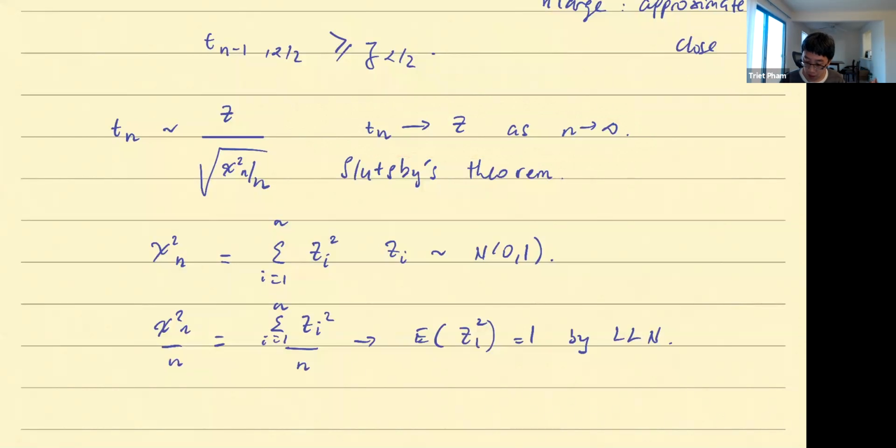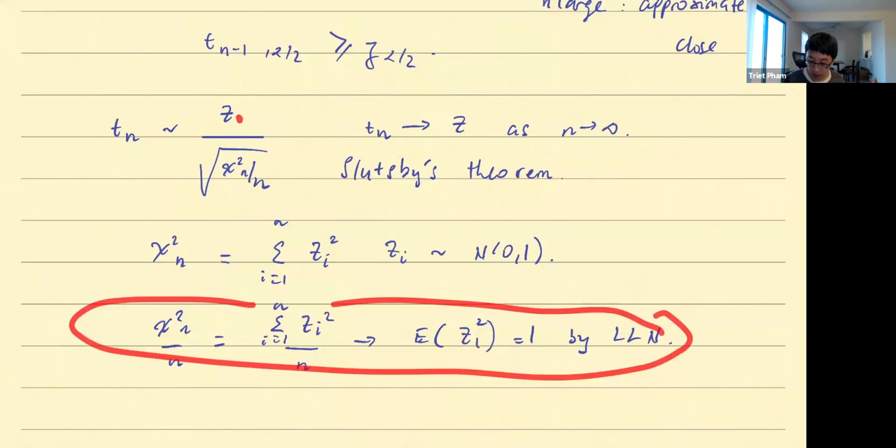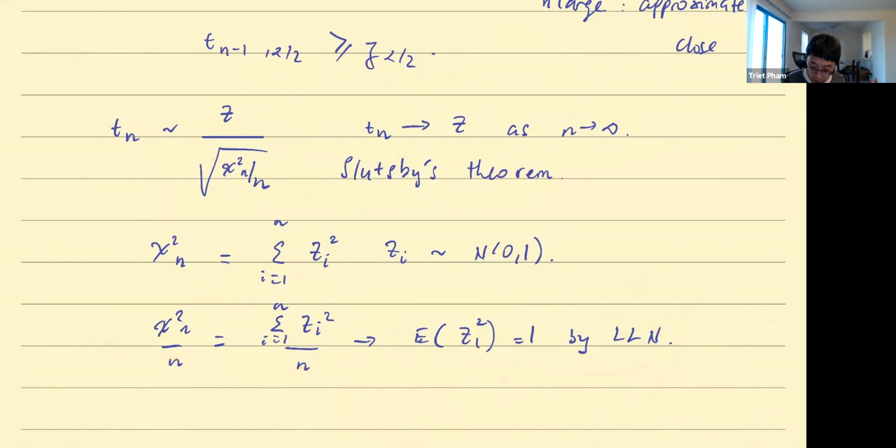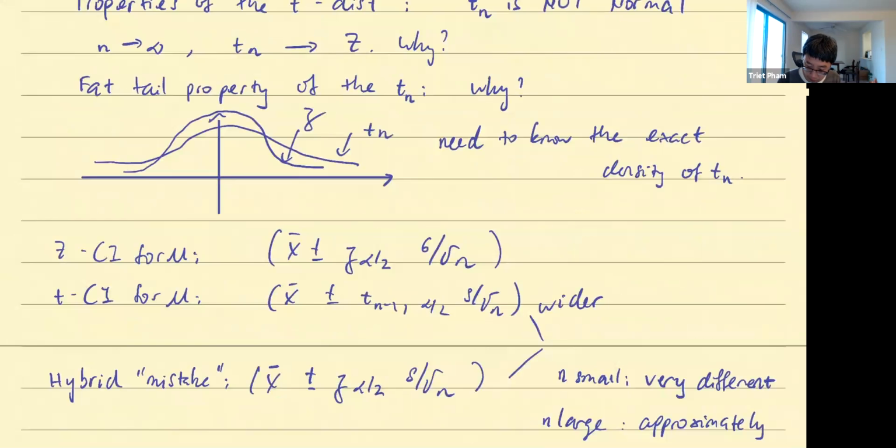I just want to put it there as a rigorous theorem that is used to justify it. At the level of our class, I'll be just very happy for you to recognize that this is 1. So that's that. In other words, for n large, if you look at the t curve, it looks more and more normal. So, fat tail.